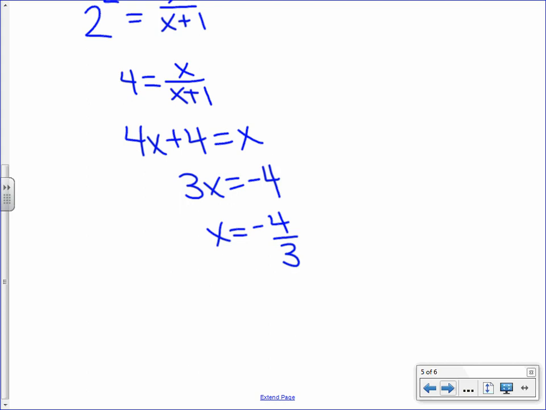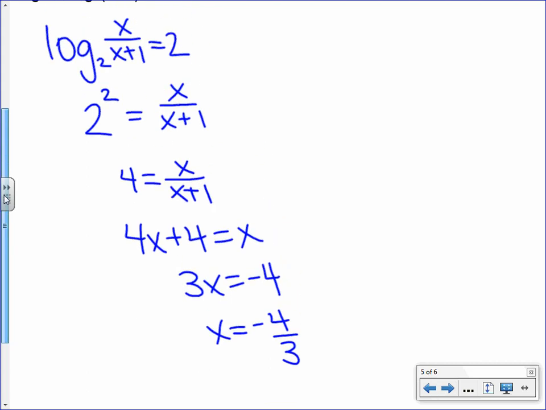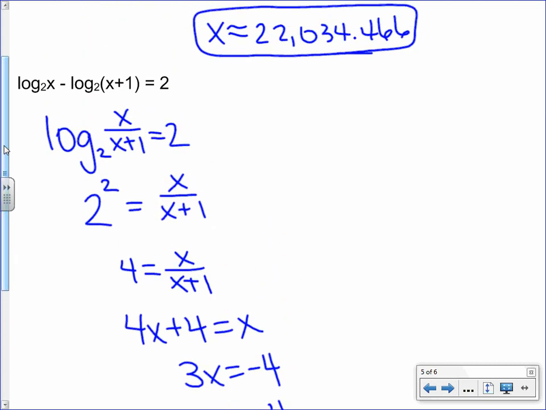Now remember, when we solve these equations, sometimes things work out algebraically, but they don't make sense in our problem. You need to always check to see if your answer makes sense. This is x equals negative 4/3. Let's look at our original problem. If I plug in negative 4/3, is that okay?